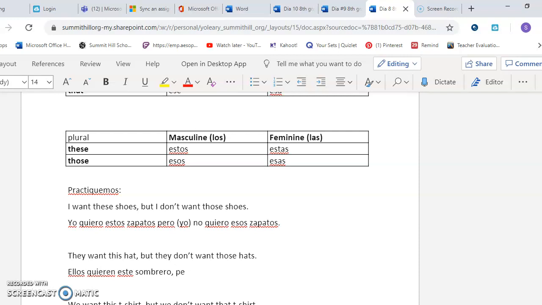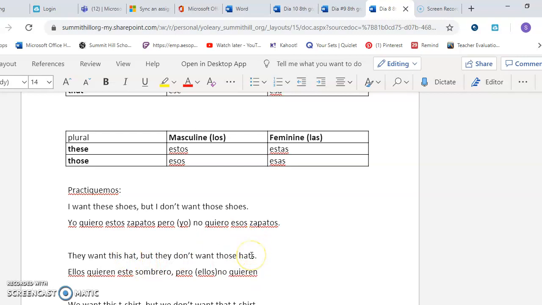Notice I'm not writing el sombrero. Pero no quieren. Or you could say, pero ellos no quieren. However you want to write it is fine. Pero ellos no quieren. And then I need to say those hats. So we know that in here we use hat.